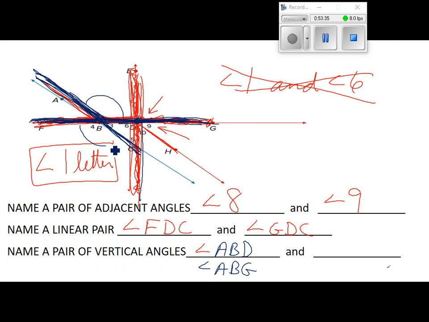Yes. What do we know about those 2 angles? They're congruent to each other, right? They have the exact same measure. Now, I probably would have gone the easy way, and picked something like angle 6. Which angle's vertical to angle 6? A. Just to make my life easier.